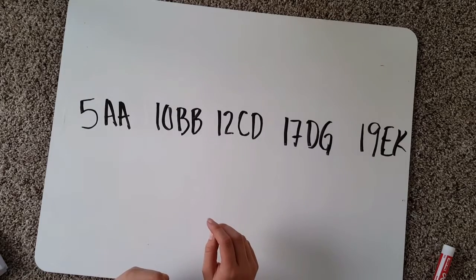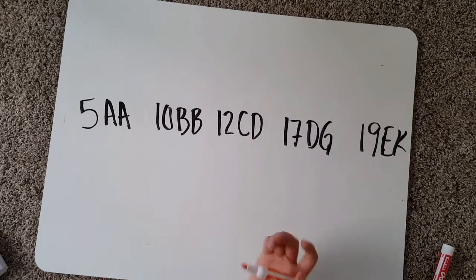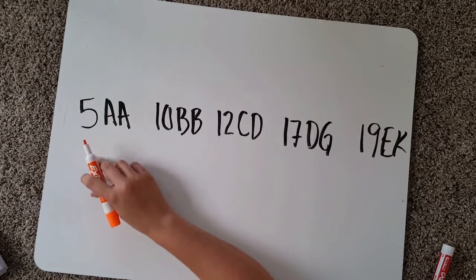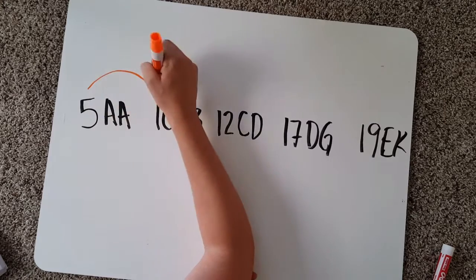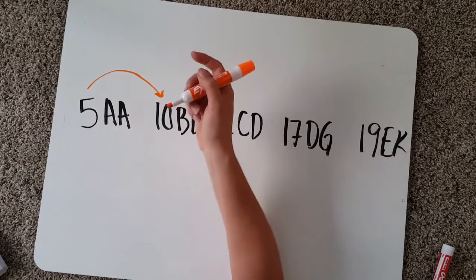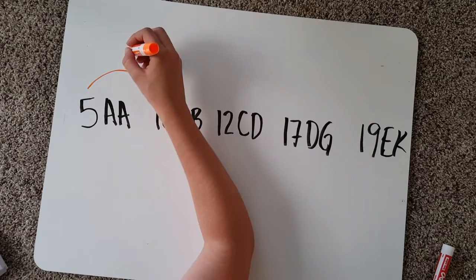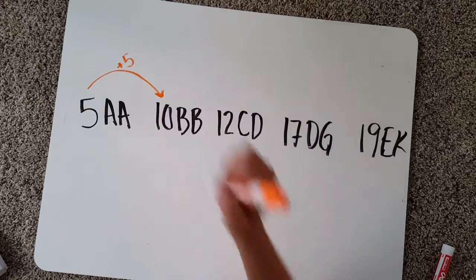Okay. So let's start with the numbers since that's the first thing we come across. So we go 5 to 10. And usually I like to see how much it adds up because that's most often the case and the easiest to calculate. So it goes up by 5.